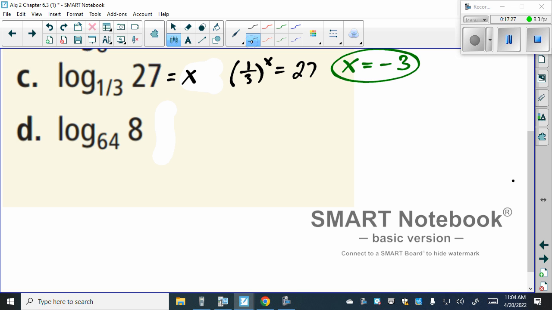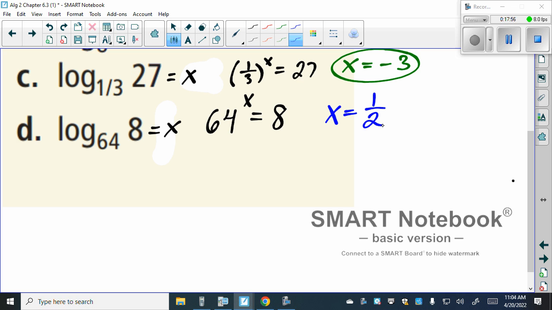Are you ready for the last one? So as an exponential, we have what? 64 to the x equals 8, it would indeed be 1/2. Because if we're going from a bigger number to a smaller number, we're dealing with fractions. Because we're saying half of 64 is 8.